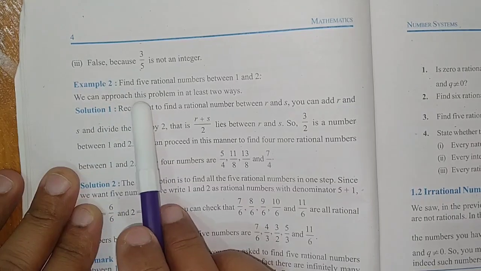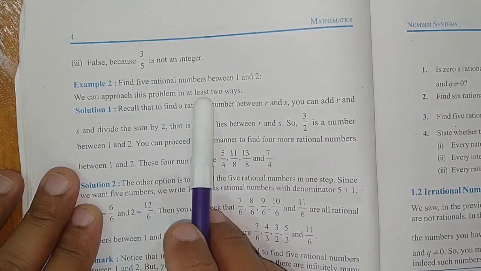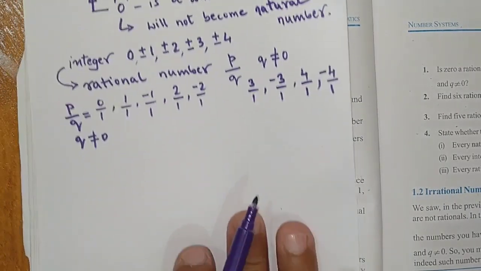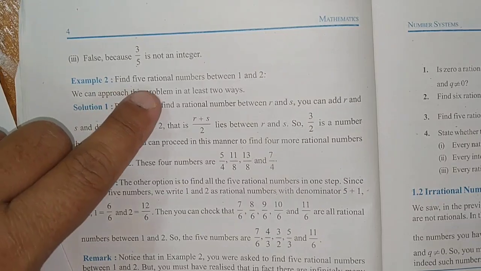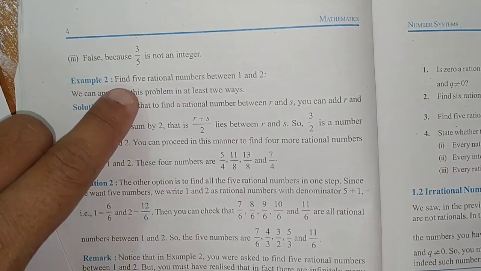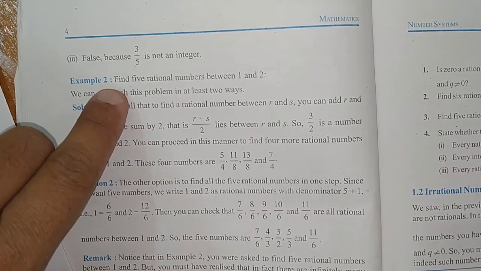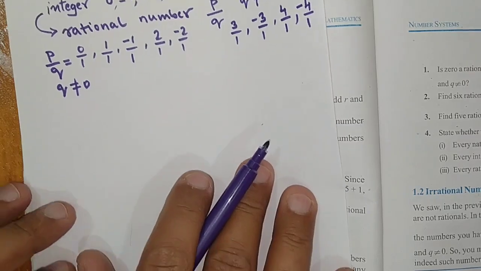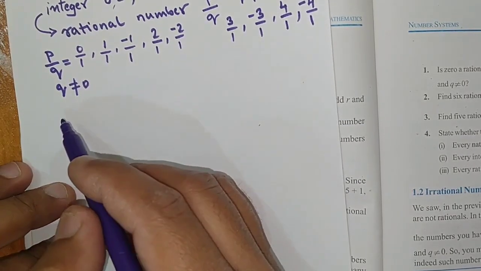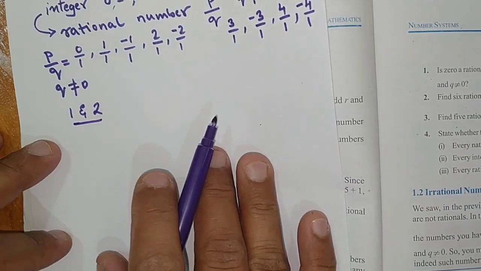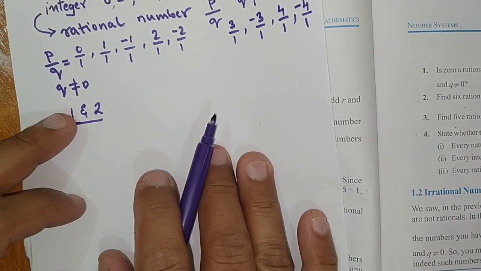We can approach this problem in at least 2 ways. You need to find 5 rational numbers between 1 and 2.